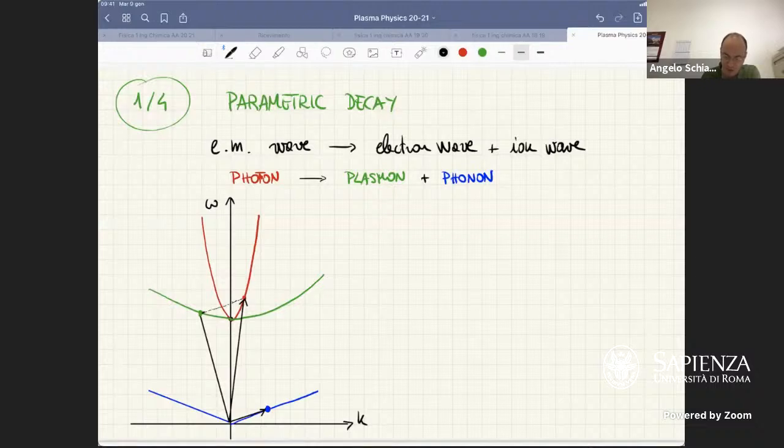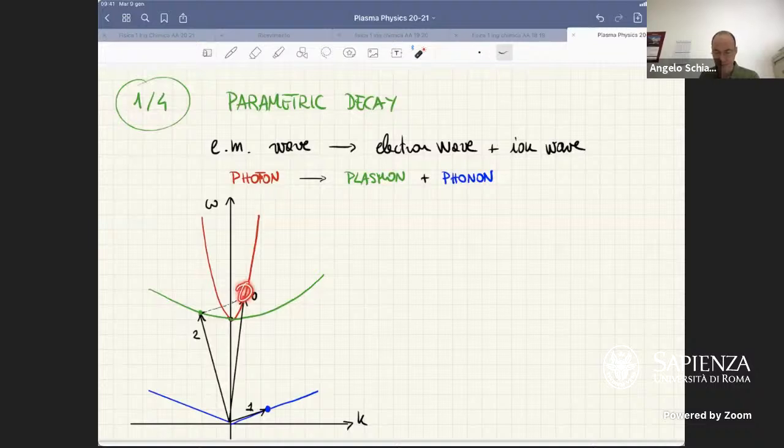So now we can have the incoming photon, a transmitted phonon here, and a back reflected plasmon here too. Let me show you why I'm using this description.